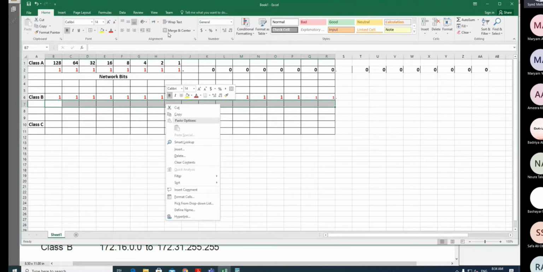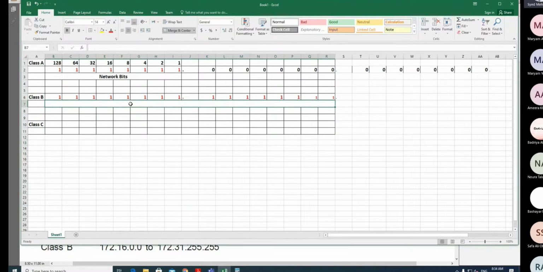This is class B. Here 16 bits for the network. The first octet is 8 bits and the second octet is 8 bits, so total 16 bits.